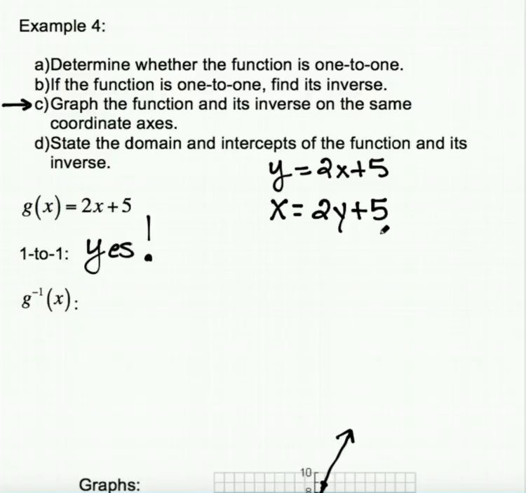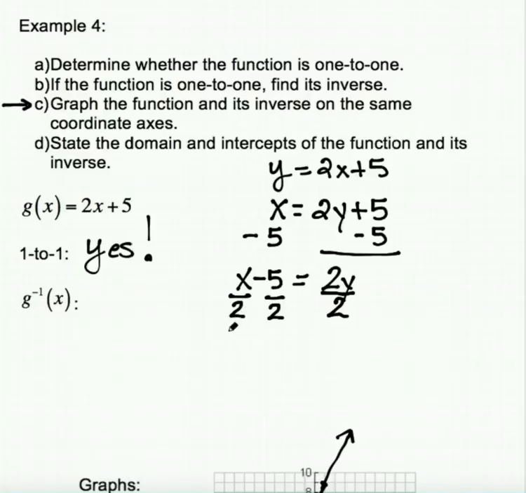That's step 1. Step 2 says to solve for y. So to solve for y, I'm going to subtract 5 from both sides. That's going to leave me with 2y on the right-hand side and x minus 5 on the left-hand side. My last step to get y by itself is to divide by 2. I'm going to do this for each piece, instead of doing it as a whole.